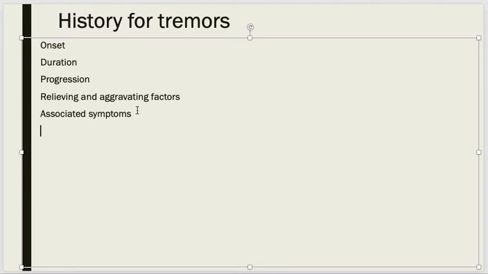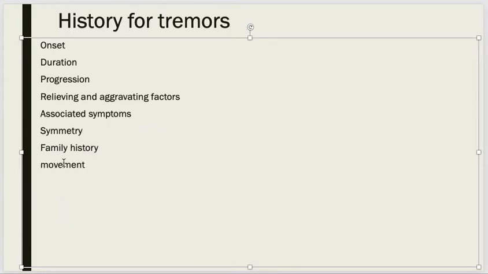All the things should be taken. We always ask for the symmetry of the tremors. Ask about the family history. Again, I told you that essential tremors run in families.